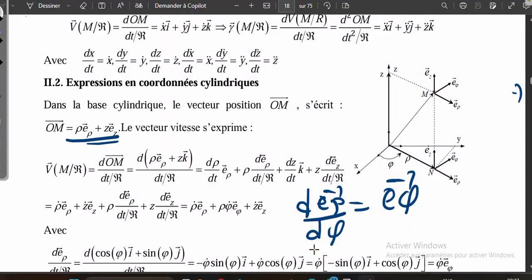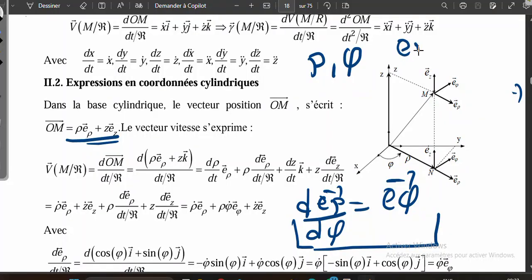For people who are just joining us, here's how you can memorize it. You have to know that rho moves with the angle phi. Then from rho and phi, I'm going to have unit vectors e rho and e phi.